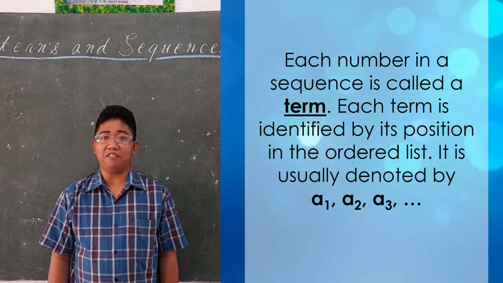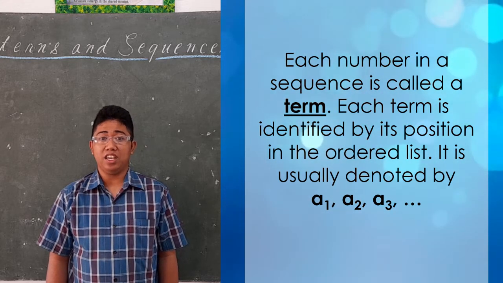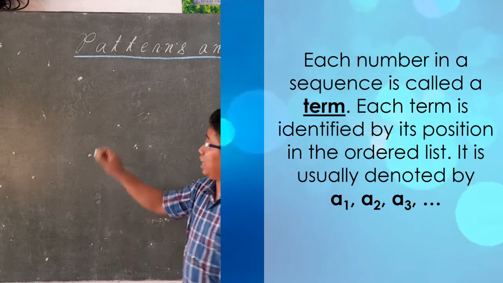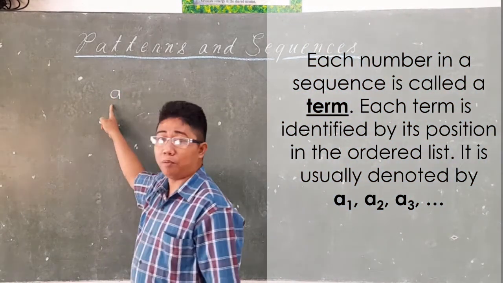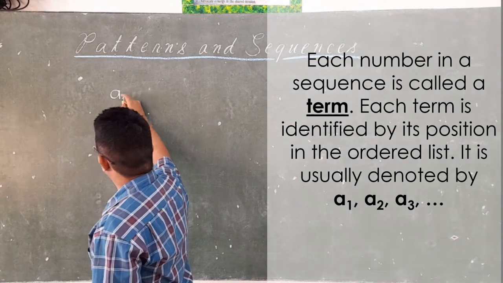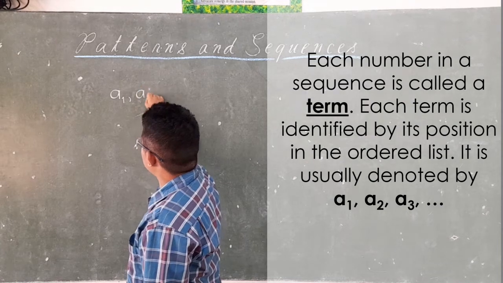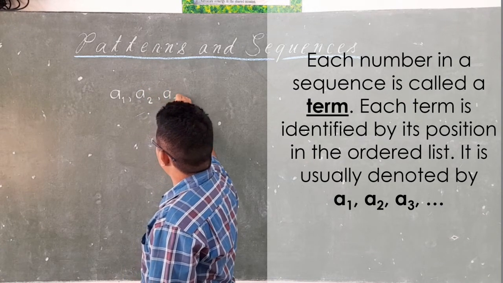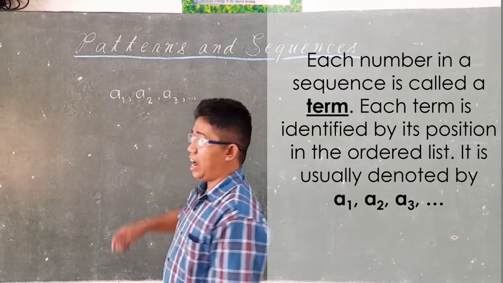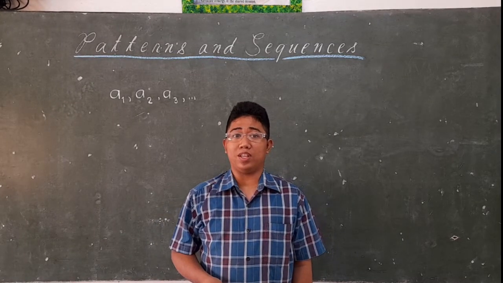Each term is identified by its location or position in the ordered list. It is usually denoted by the letter a with a subscript that represents a number. So that is a sub 1, a sub 2, a sub 3, and so on, forming any kind of sequence.